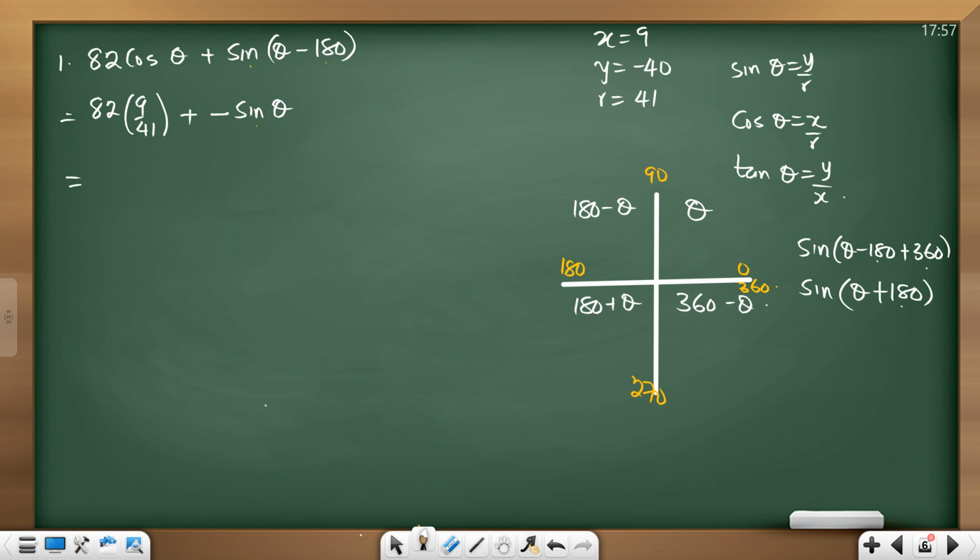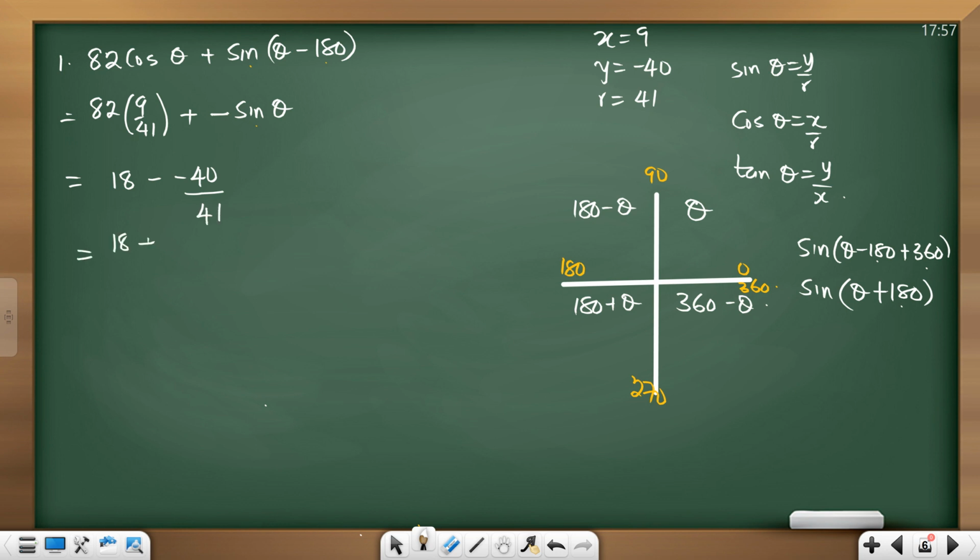What is cos theta? X over R. All right. So 9 over 41, and 2 times that gives 18 over 41. Minus, what is sine? Y over R. What is Y? Negative 40 over what? 41.